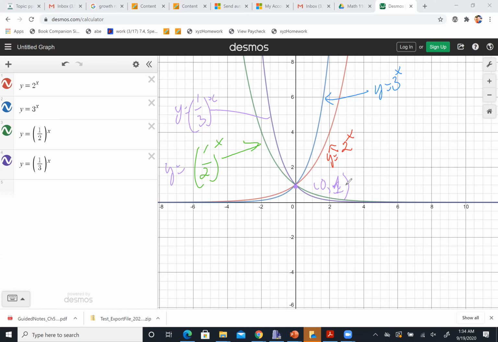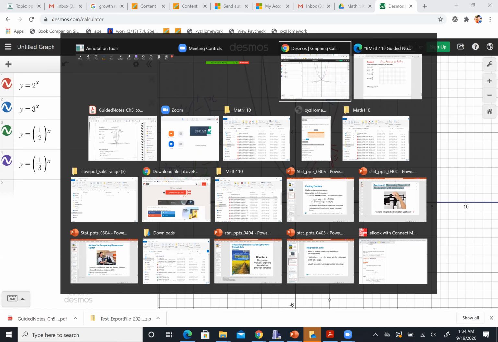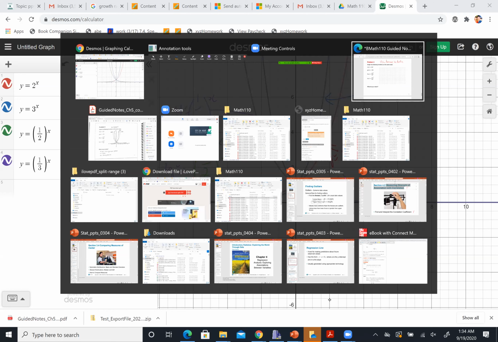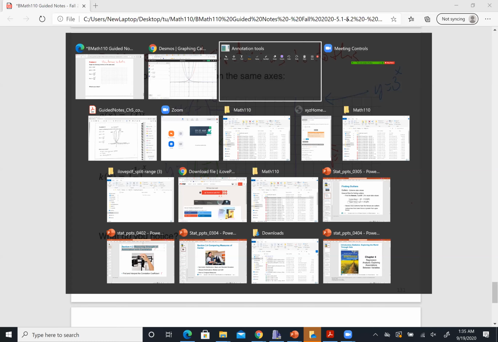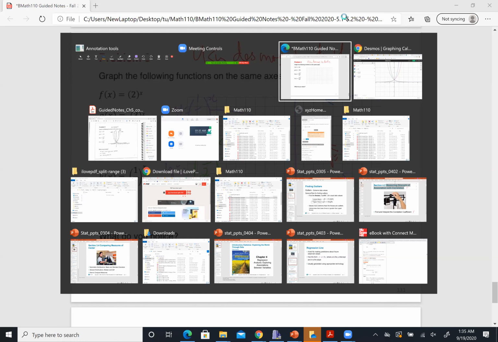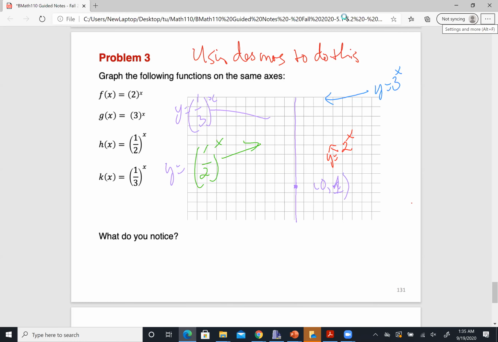So let me come back to the problem. In this problem, I don't want to draw by hand.